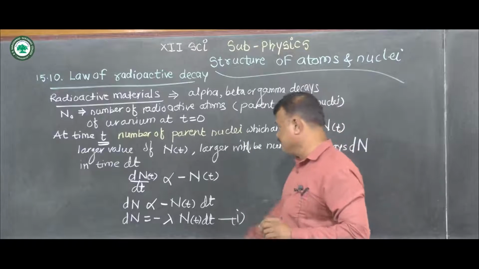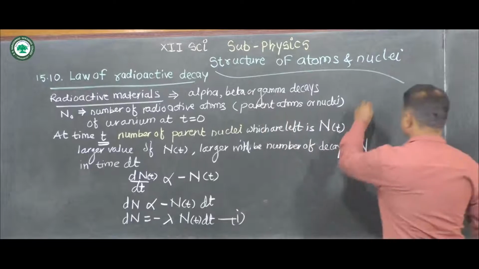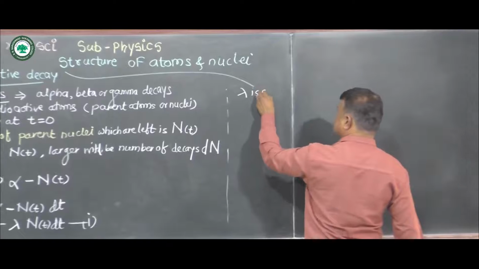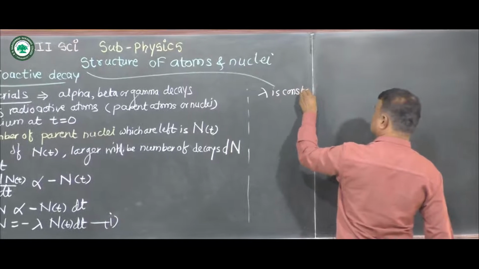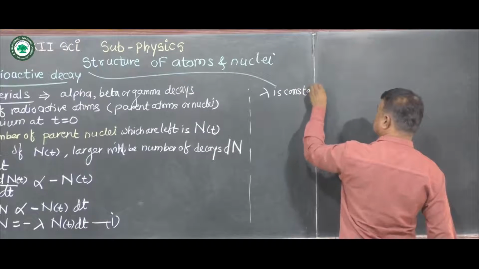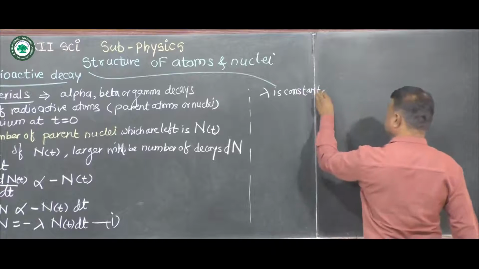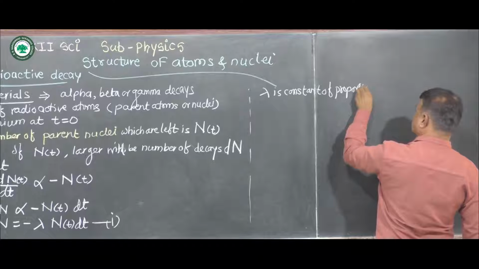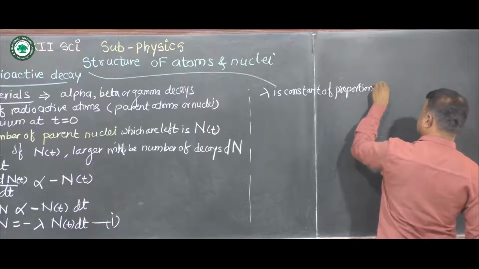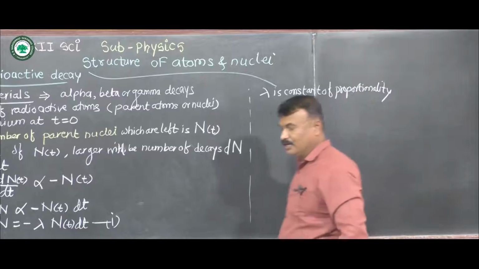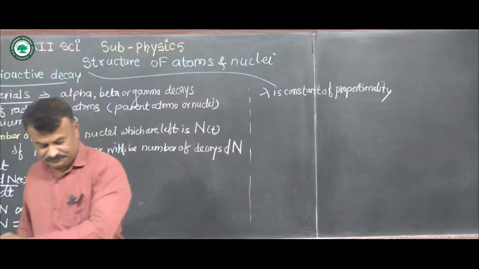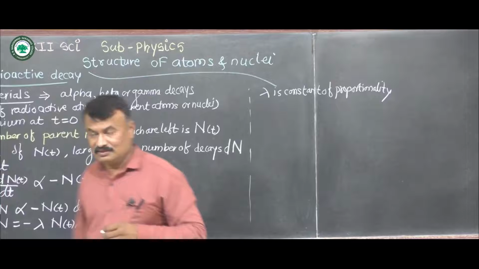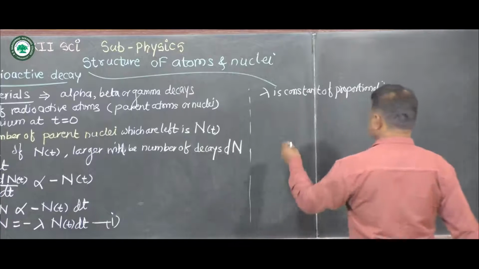In this case, this lambda is constant, the constant of proportionality, which is called the decay constant.